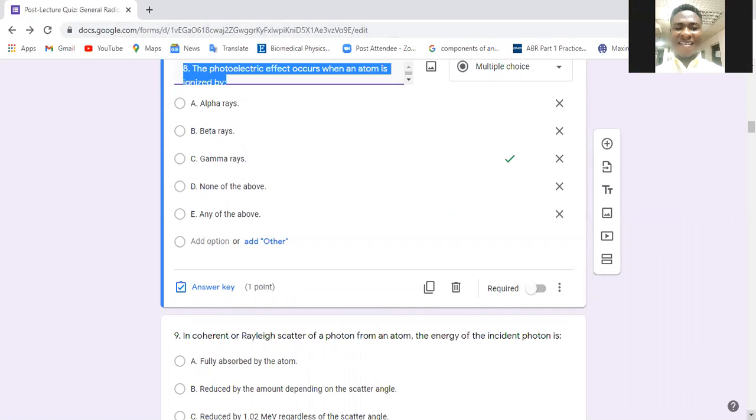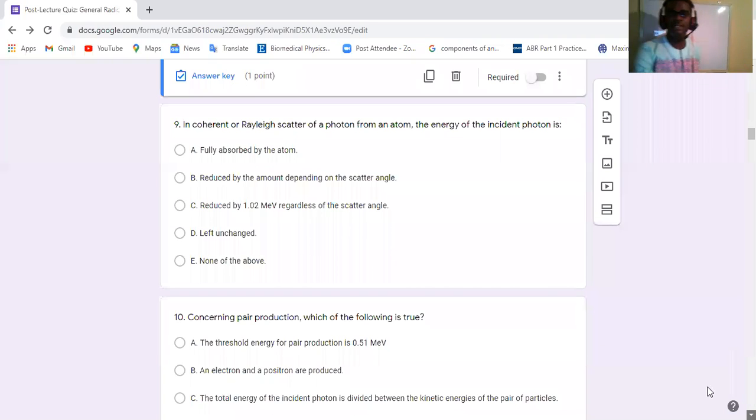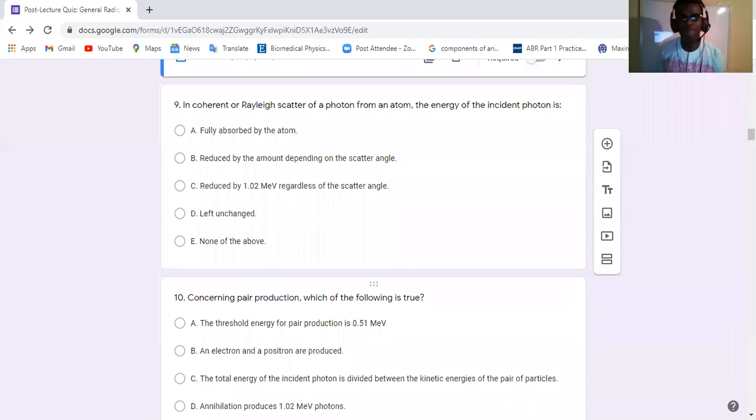Okay, sir. Incoherent or Rayleigh scattering, and the energy of this photon is dash. Option D. Yeah, left unchanged, nothing happens, it continues.